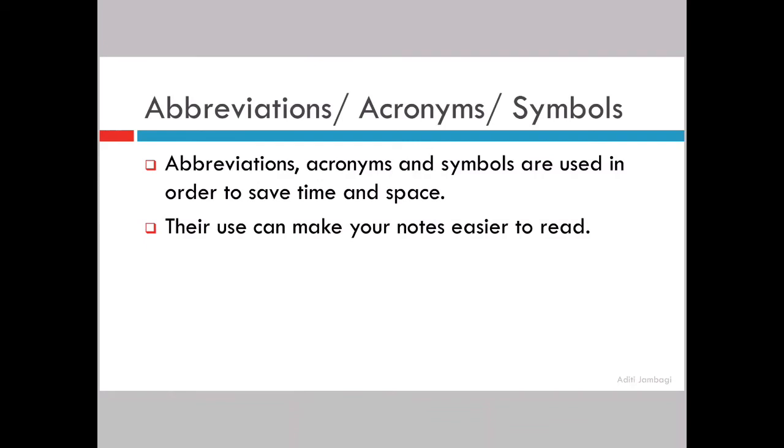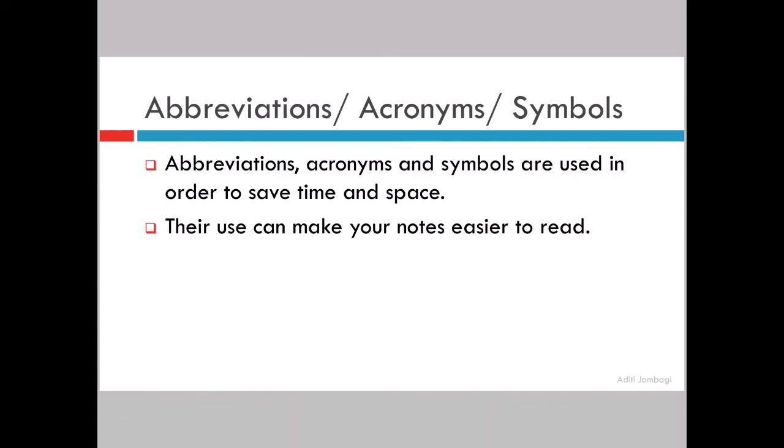Abbreviations, acronyms and symbols are used in order to save time and space. So basically when you're making notes, you want to write down fast and you want to read it also at a much faster speed compared to reading the entire text. So abbreviations are nothing but making short forms of big words. Acronyms are, for example, SBI, State Bank of India.